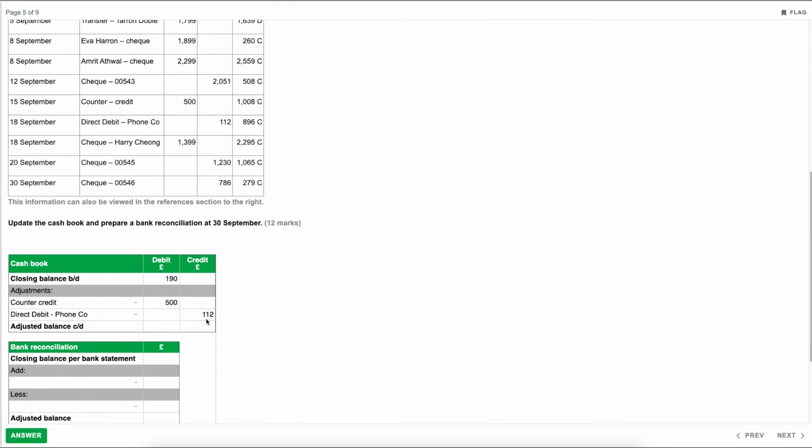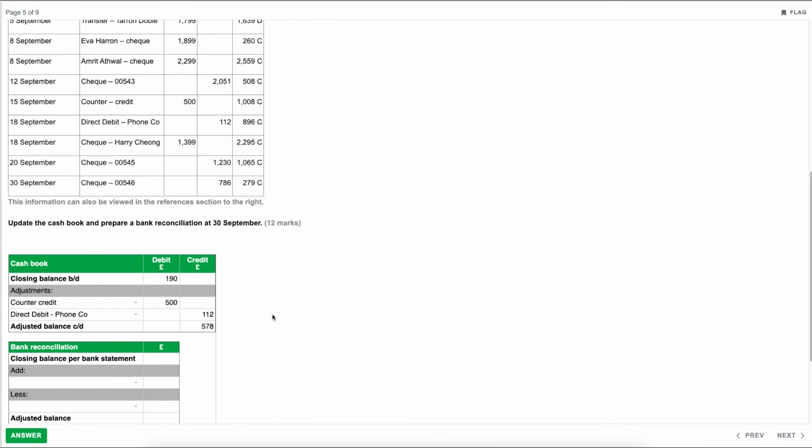And remember, this is asking for our balance carried down. So it goes on the lower side. So that would be £578 on the credit side. Obviously, at the start of the next month, the balance brought down would be now £578, but on the debit side.